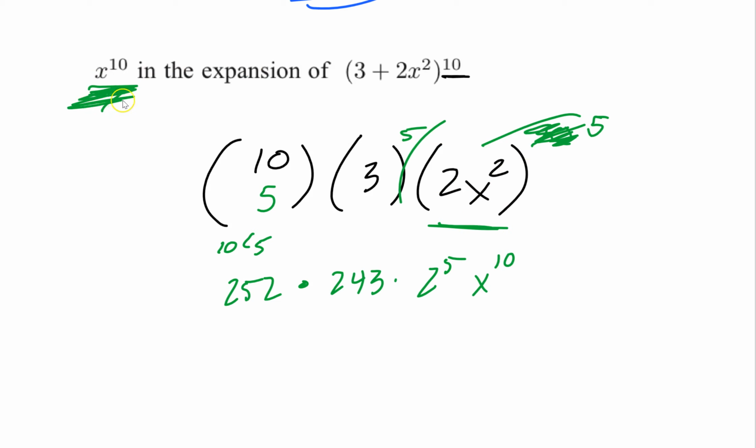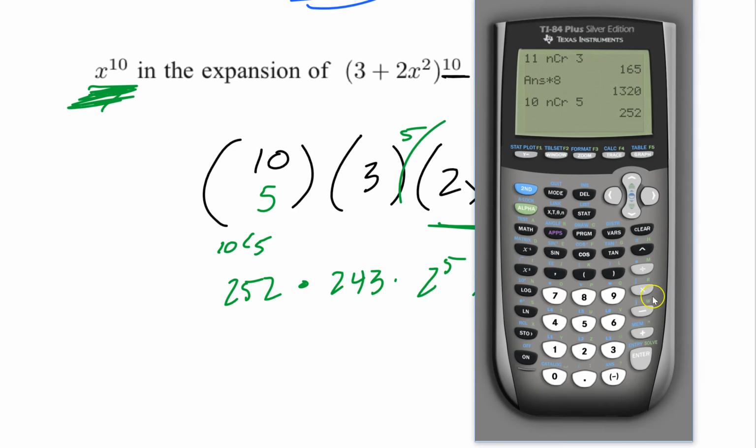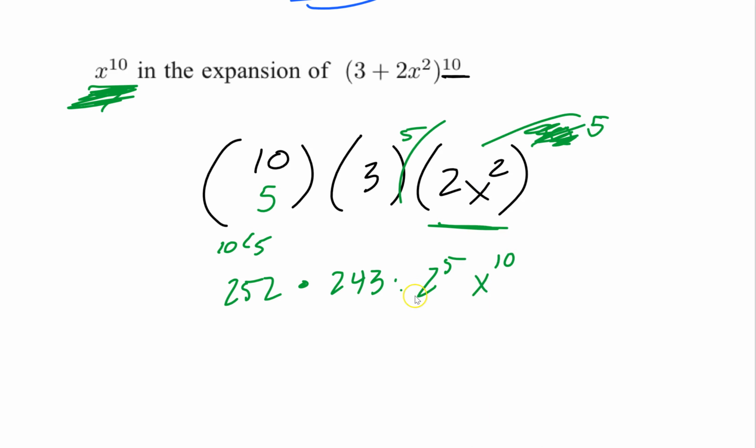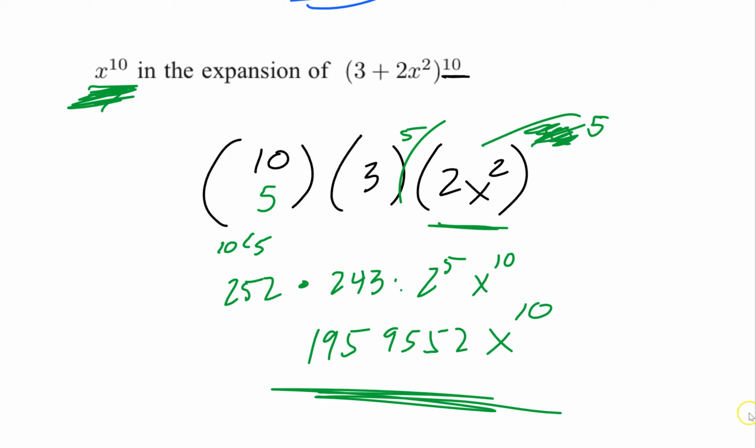I want x to the 10. And then now you just have to simplify that. Use the calculator: 252 times 243 times 2 to the 5th, which is 32. And I get that monstrosity, 1,959,552. I believe that's right. I don't care at this point. x to the 10. And that's the idea.